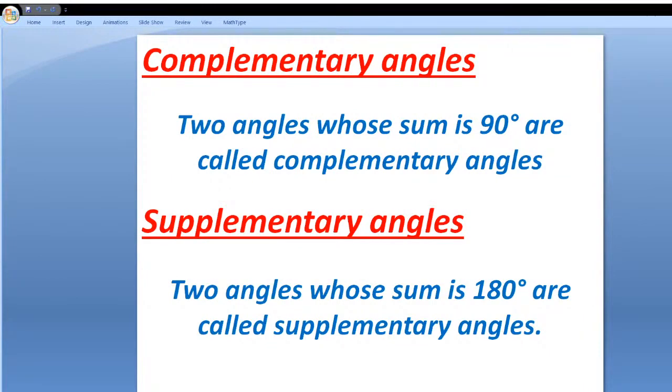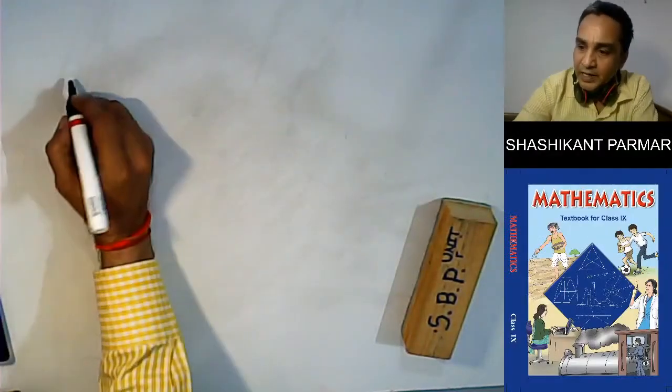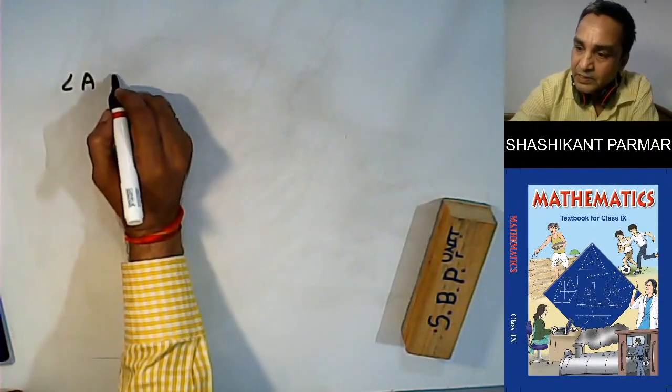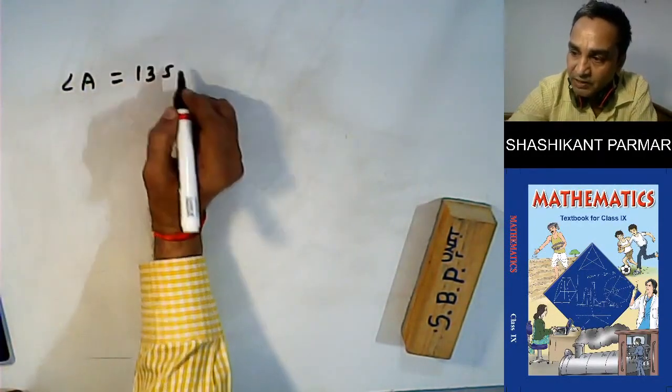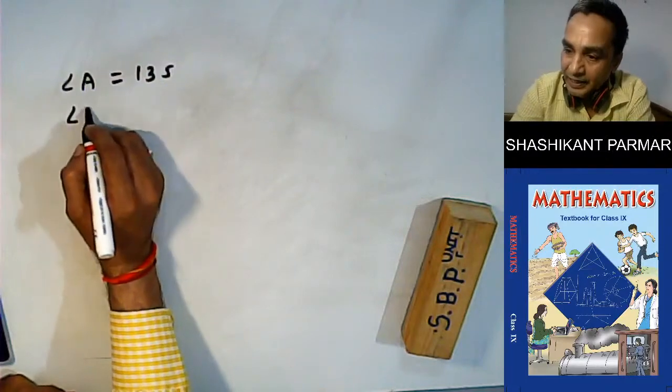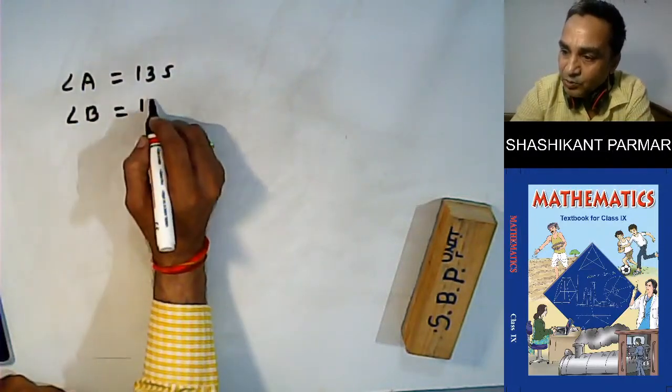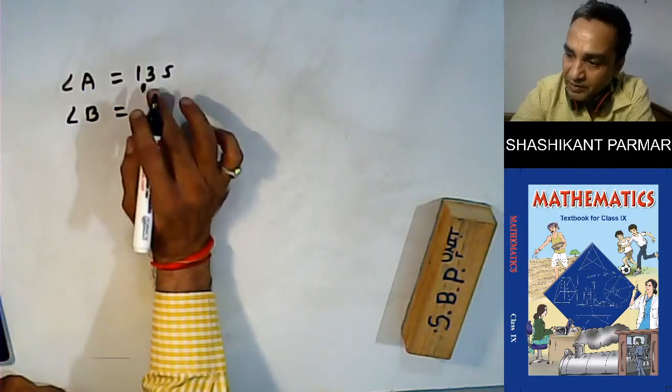So, supplementary angles. Two angles whose sum is 180 are called supplementary angles. So, angle A is equal to 135 and angle B is equal to 45.